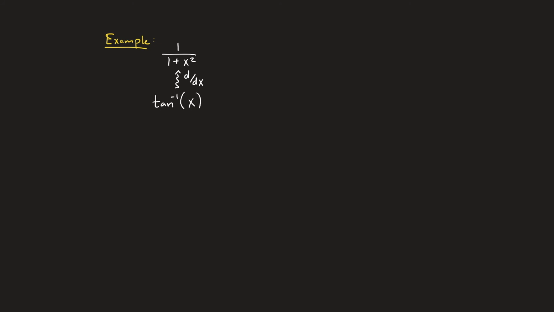We can rewrite this to get 1 over 1 minus negative x squared, and now we see that the power series of this function is the sum from n equals 0 to infinity of minus x squared to the n. And this power series representation is valid when the absolute value of minus x squared is less than 1, or the absolute value of x is less than 1.